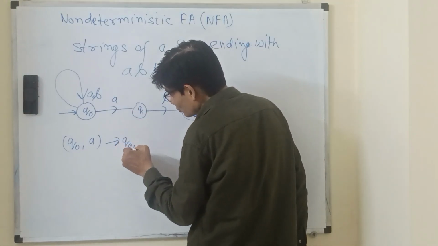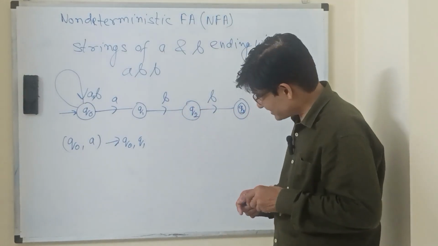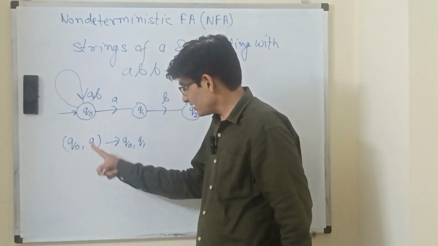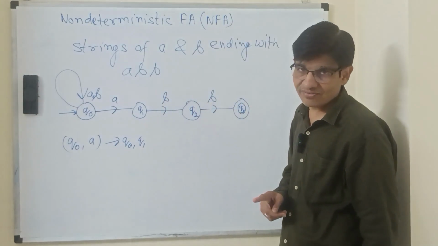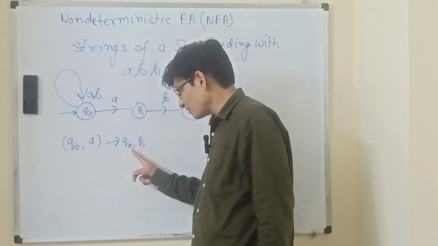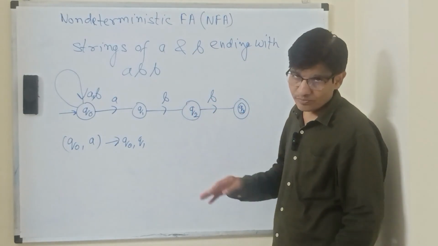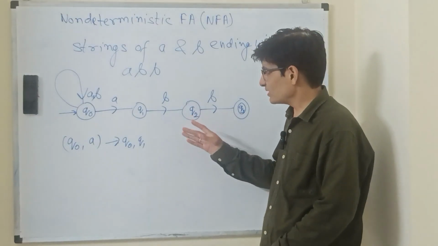So there are two choices, Q0 and Q1. Because of this state only, this becomes an NFA, because there are two possibilities for the next state. So this is an NFA. I hope, friends, it is very clear.